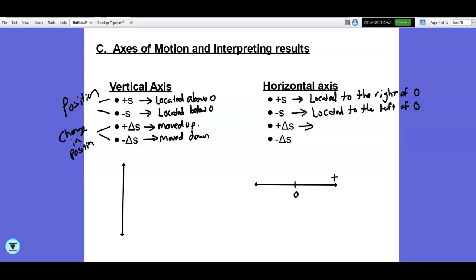A positive delta S would mean that your position has changed in a positive direction, which means on a horizontal axis that you would have moved to the right. And a negative delta S would indicate that you moved in a leftward direction. So that's how we will interpret position and change in position on vertical and horizontal axes.